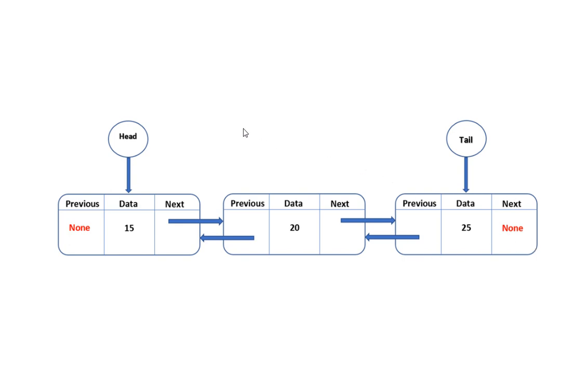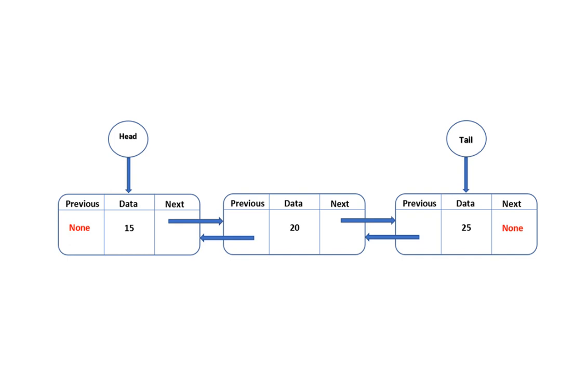But at the same time, in here we have something new. Previous equals none in the first node in our list. So from now on, whenever we see a previous with a none value in it, that means we are at the first node in our doubly linked list. And if we see none as the value of the next pointer, that means we're at the last node in our doubly linked list.